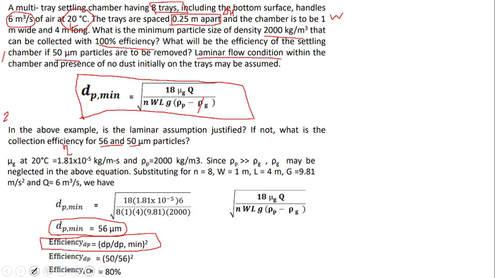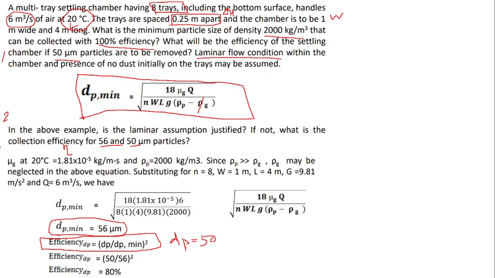So dp is 50; we should not confuse this. dp minimum is the calculated one, which is 56 micron. So 50 divided by 56, the whole square, is 80%. So the efficiency is 80%. So the first part is solved now.